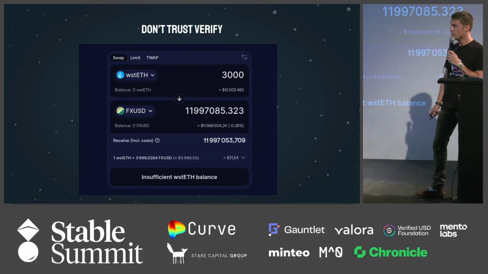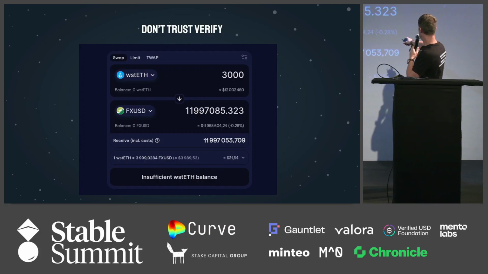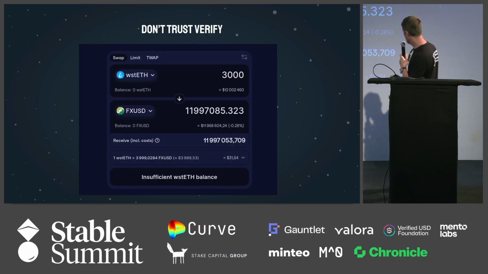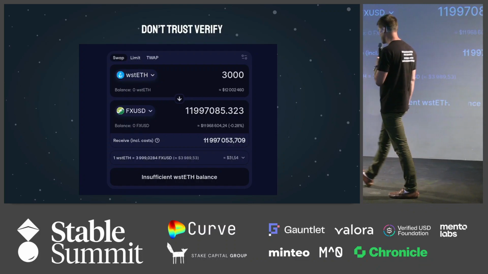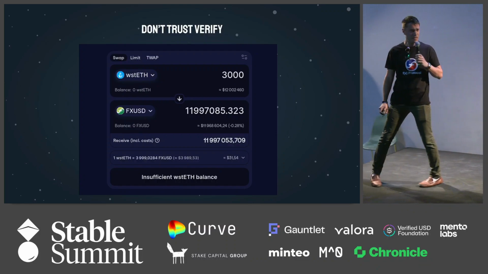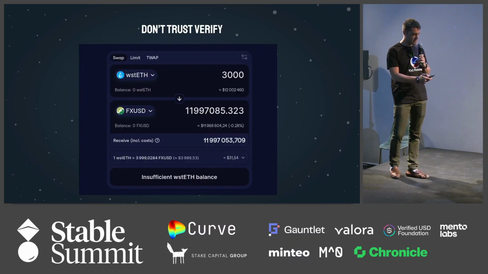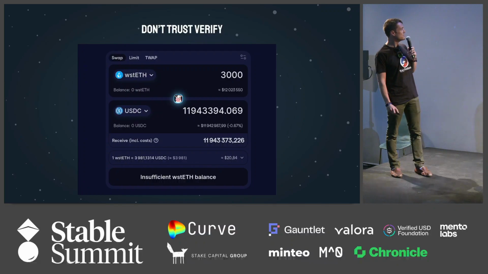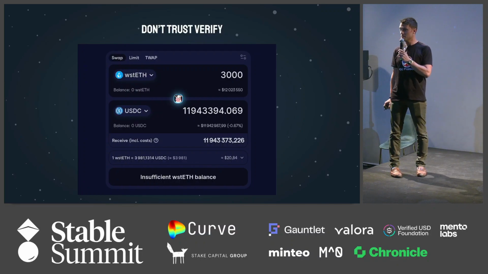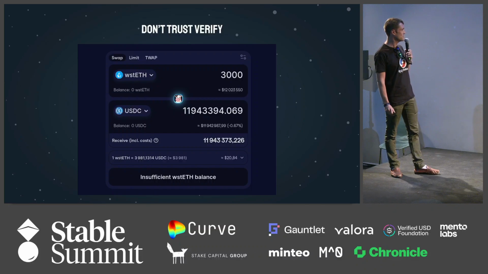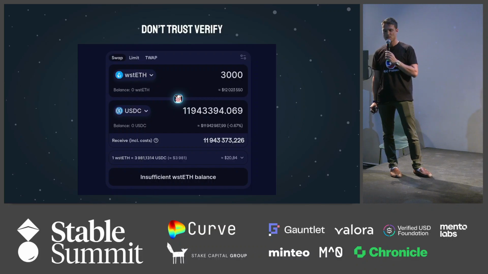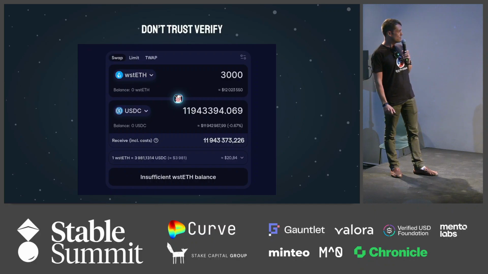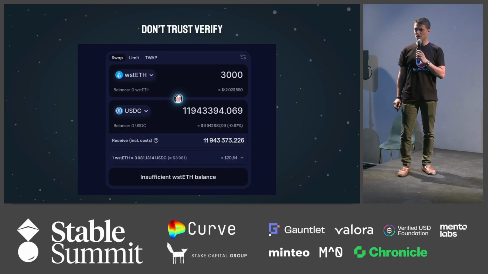And when you look at the price impact, it's maybe a little small, 0.28% price impact. Now, let's take a look at the same exercise, but swapping for USDC, our favorite centralized stablecoin. Now, the price impact is 0.67%. So you lose about $50,000 in the operation.